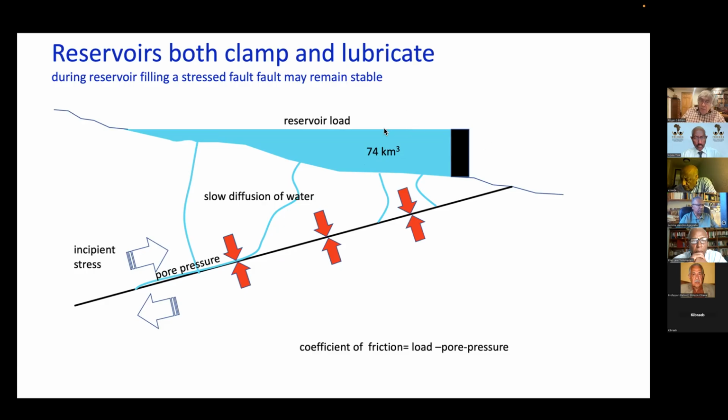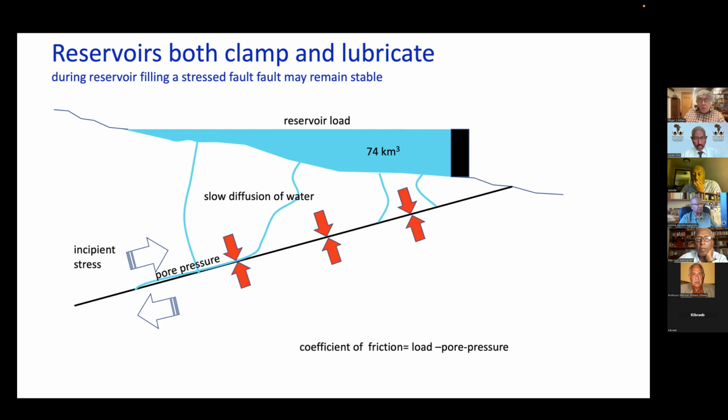So this volume of water, of course, weighs an enormous amount, and it produces a stress which, if you have an inclined fault like I'm showing, of course, you can easily envisage simply shutting that fault down.